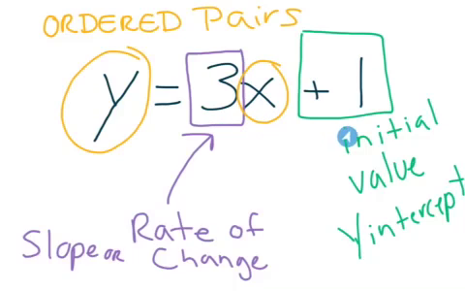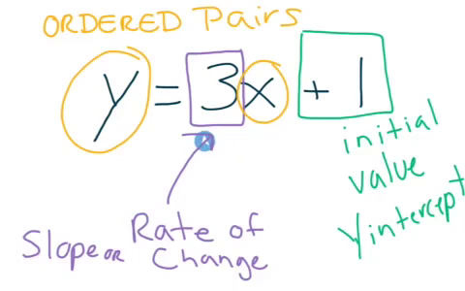The number at the end, in this case +1, a positive 1, is our initial value. Think back to our earlier rate of change problem. This is that value when x is 0. It's the value where the line crosses the y-axis. We also call it the y-intercept.